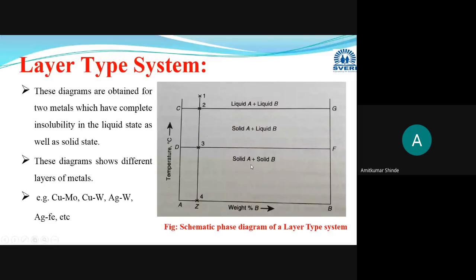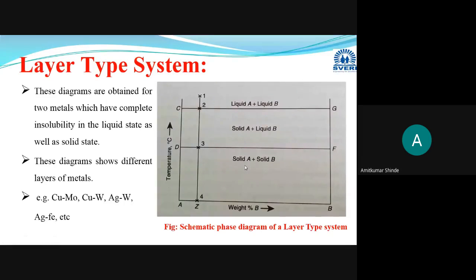that is solid A and B, as both solids are completely insoluble in each other. In this region 3 to 4, you will get the mixture of two solids, and it will be clearly visible from the microstructures.